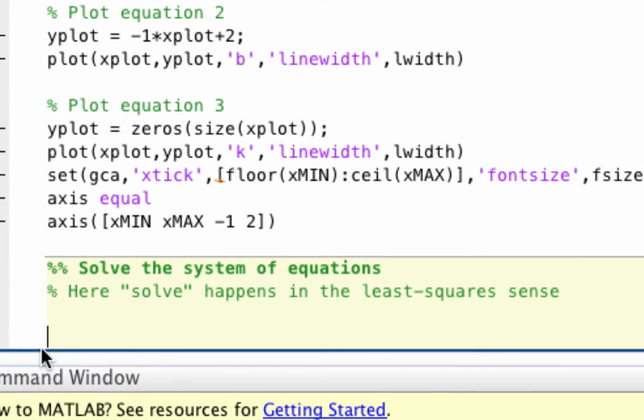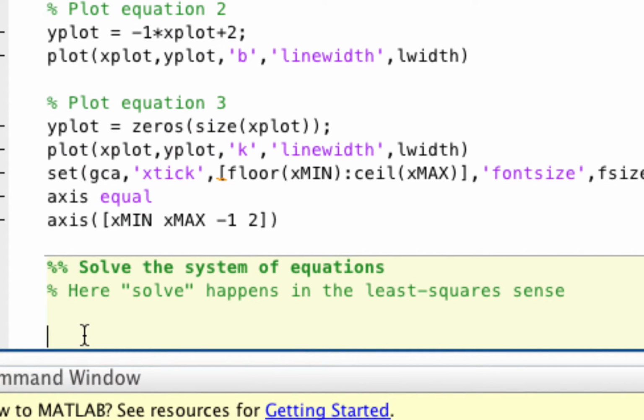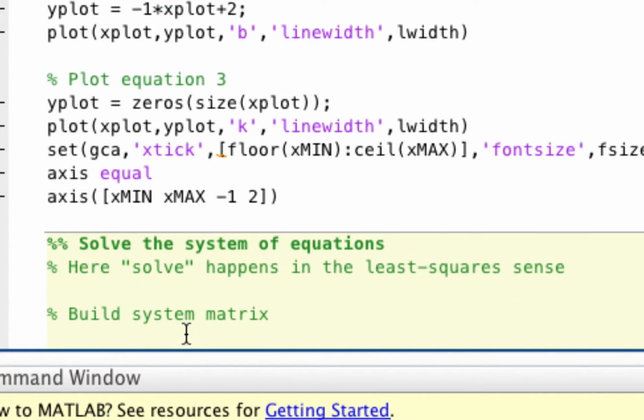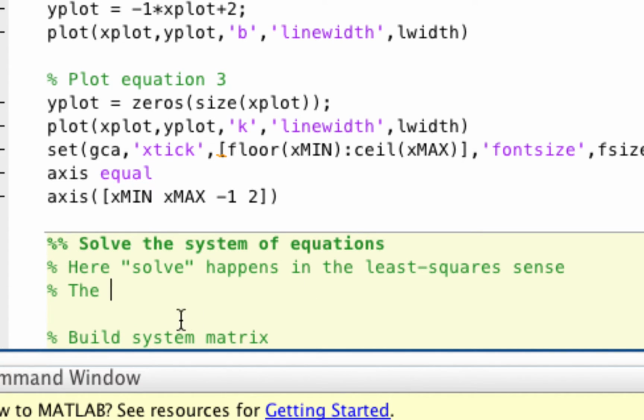Okay, so first of all we need to build our matrix. So we have the matrix model here.